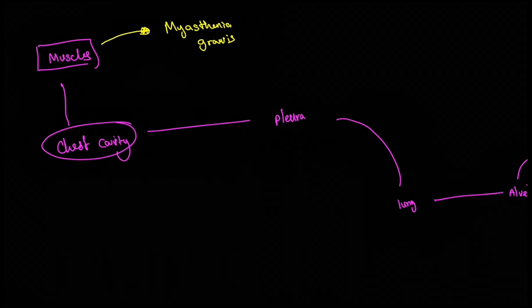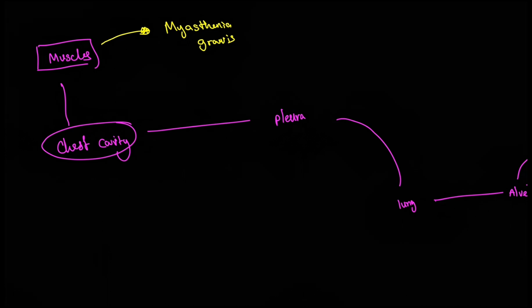So during normal inspiration, the main muscle that contracts is the diaphragm, and due to that, the vertical diameter increases, and the abdominal contents are pushed. So when you breathe, your abdominal area gets pushed outwards.